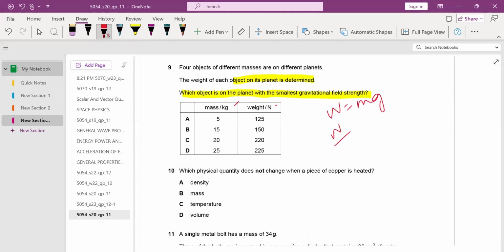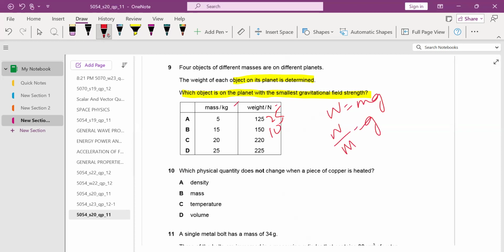So weight divided by mass gives gravitational field strength. Using this formula, you have to put these values and calculate. So let's do it. 125 divided by 5 gives 25. Then for B, 150 divided by 15 gives 10.